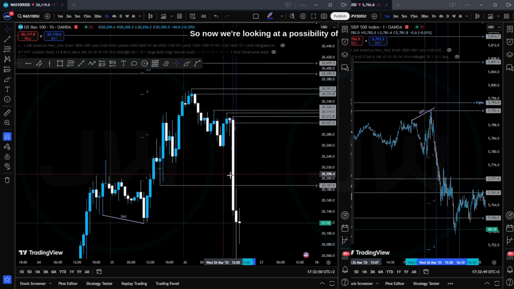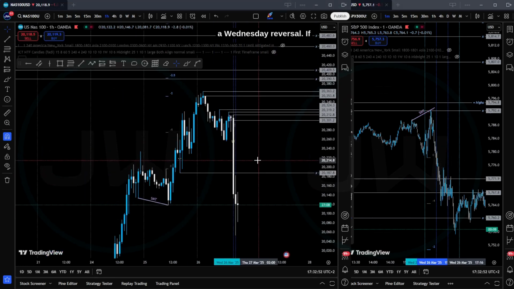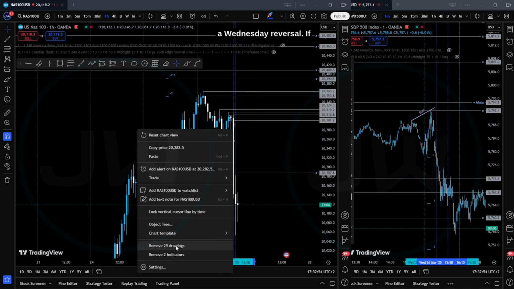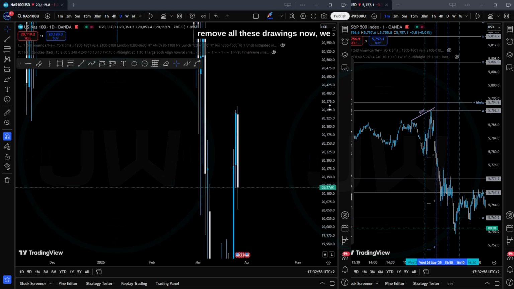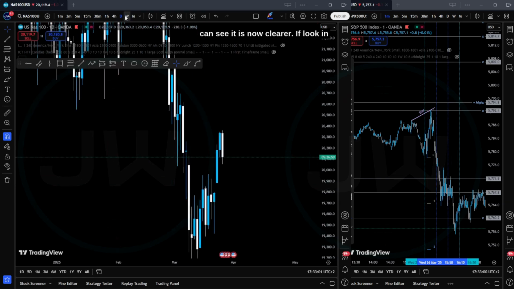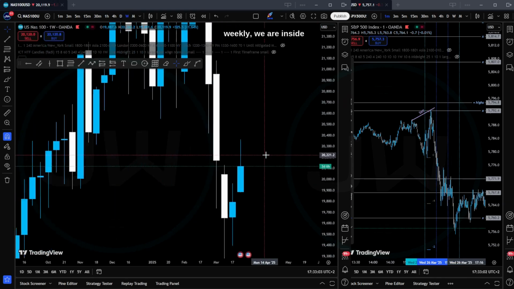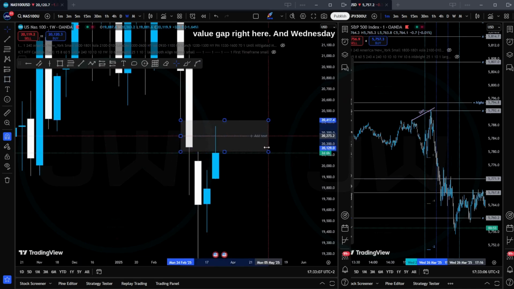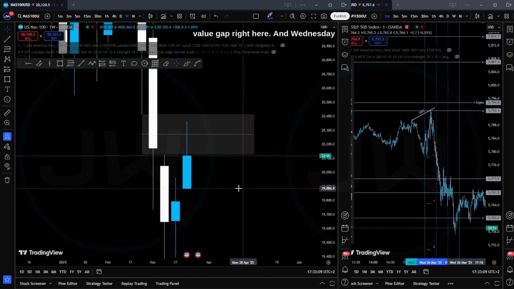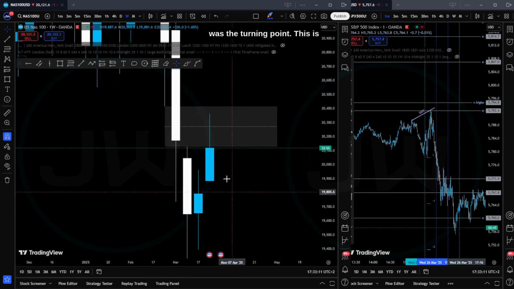So now we're looking at a possibility of a Wednesday reversal. Remove all these drawings now. You can see it is now clearer. If you look at the weekly, we are inside of this fair value gap right here, and Wednesday was that turning point.